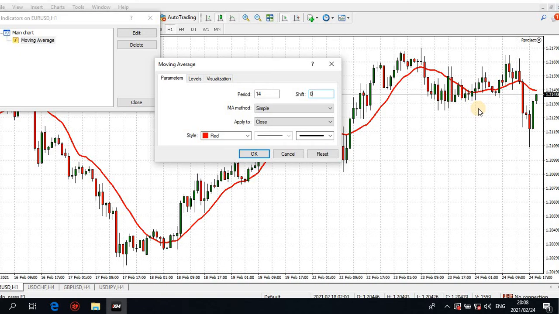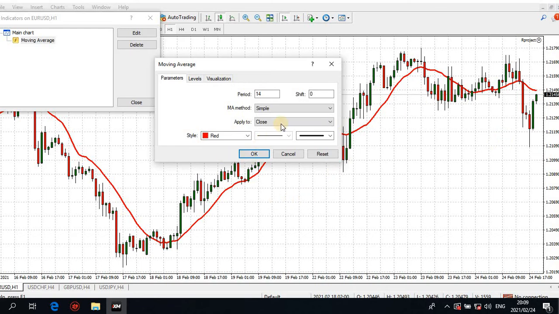So another thing that we must look at is the exponential. This one simply means that it will focus mostly on the current candlesticks, okay. It won't just count the candlesticks only, it will use the information on the current candlesticks, let's say 3 of them, on what is happening, okay.